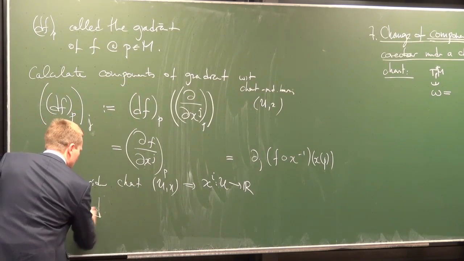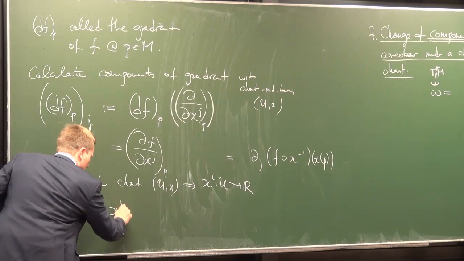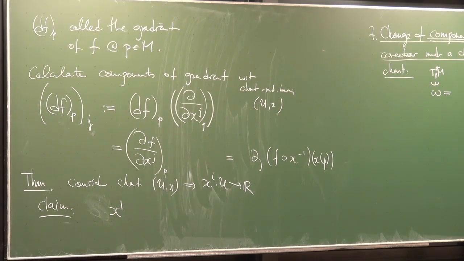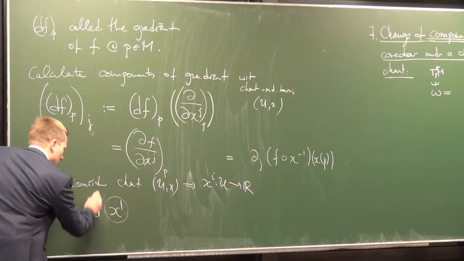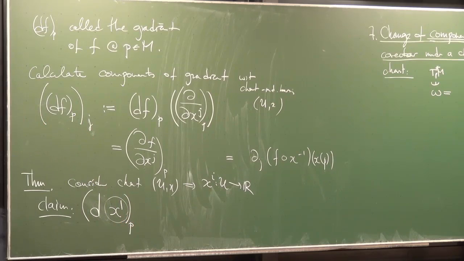The claim is that if you take the first such function, you of course can calculate the d of the function. So you take the function and then you apply the d and you evaluate at p according to this definition.